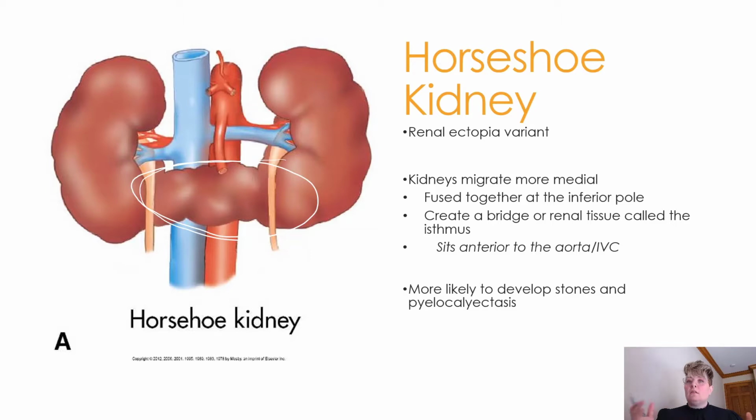So again, you're looking in the renal fossa, you don't see kidneys there. If you're starting to move more medial and find those kidneys, start to think horseshoe kidney, possibly cake kidney. Horseshoe kidneys are a little bit more common. I've seen these probably 2 or 3 times over the last few years. Again, these kidneys are a little bit more likely to develop stones and that pyelocaliectasis.